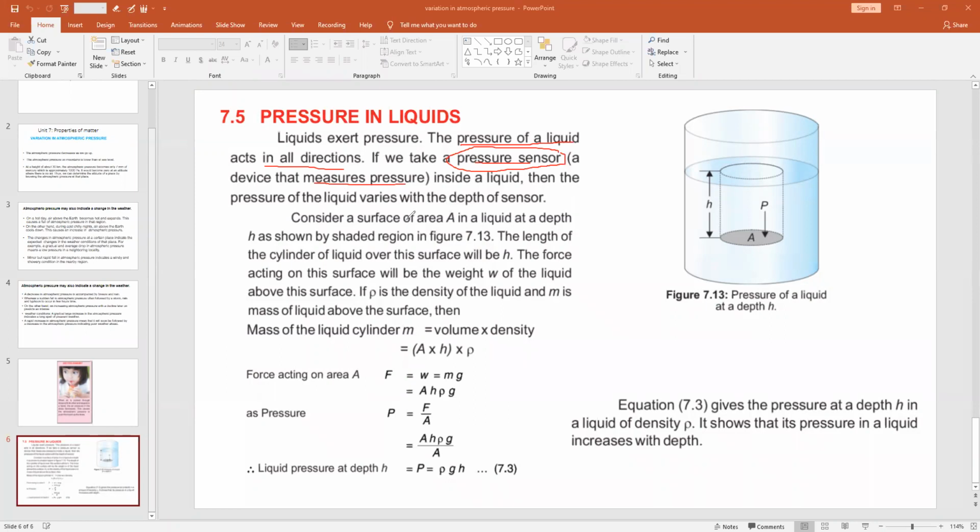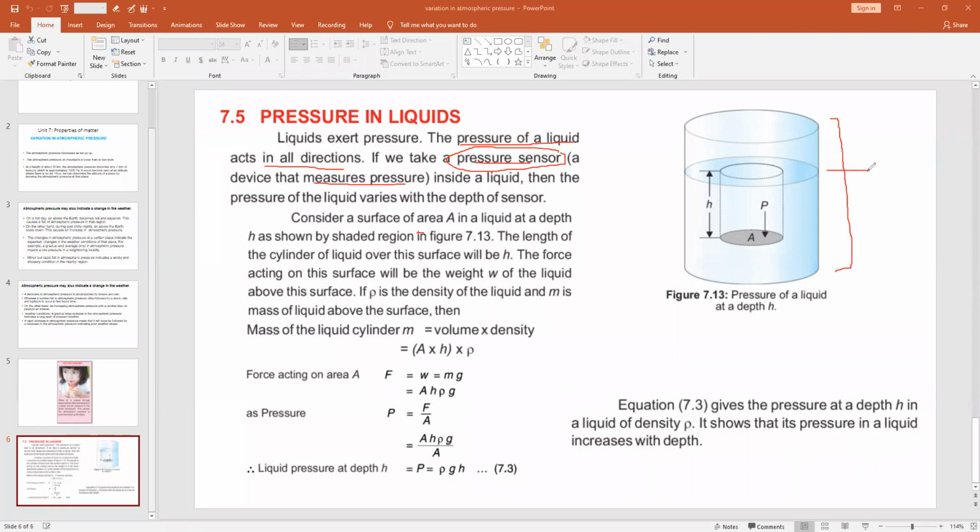Consider a surface of area A in a liquid at a depth of h, as shown in the shaded region in figure 7.13. As we are going to calculate the pressure in a liquid, you have to look at this figure. There is a container filled with water.